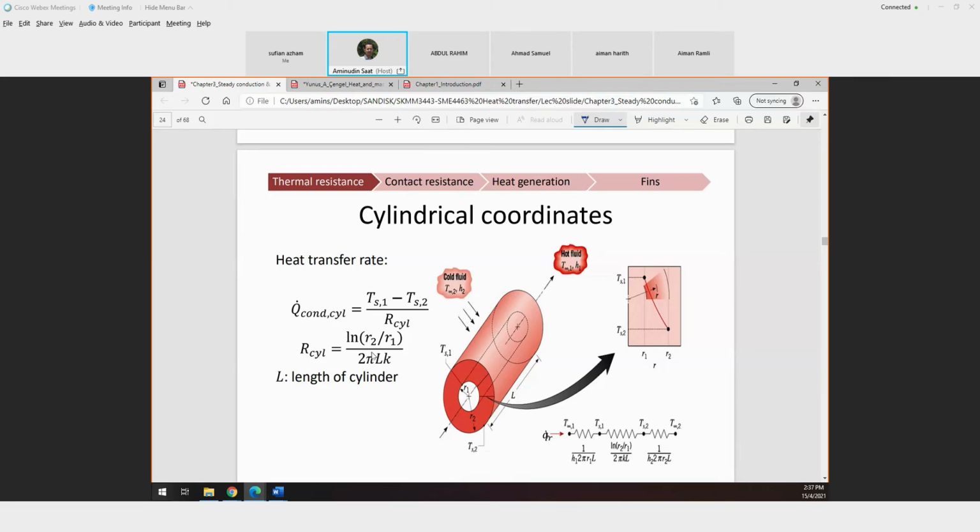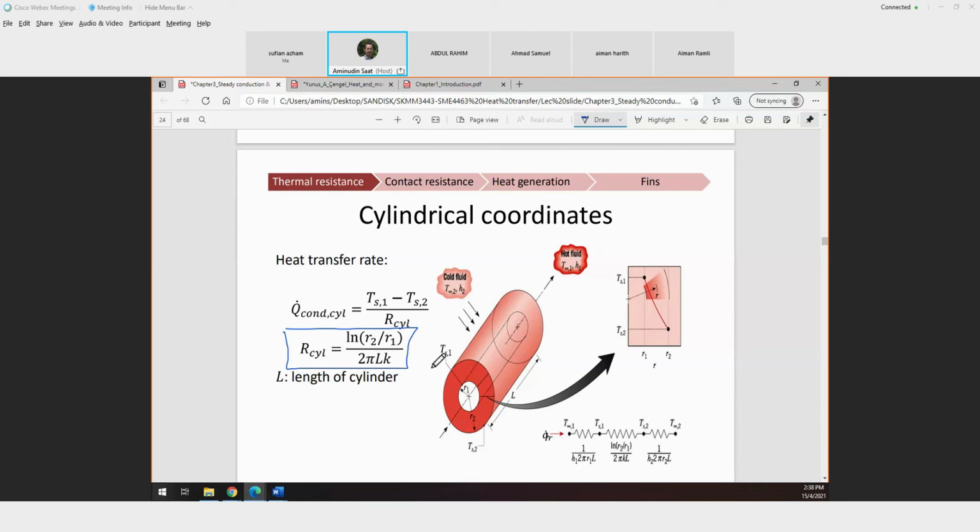In my slide I did not explain how we got this R cylinder for conduction, but in the textbook there is a pretty long explanation of how you can get the R cylinder in terms of conduction in this particular form.